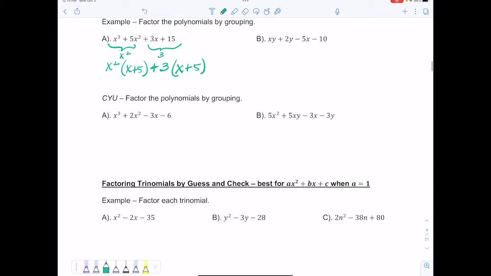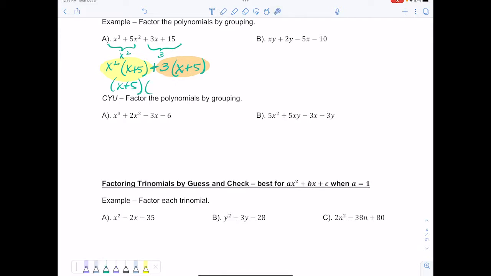Okay, now if you look at both of these terms, so let me highlight them. I've got my yellow and my orange. If you look at both of those terms, we have an x plus 5 in common to both, right? So that's our greatest common factor of each term. So I'm going to pull out an x plus 5 and then write the leftovers in the other parenthesis.